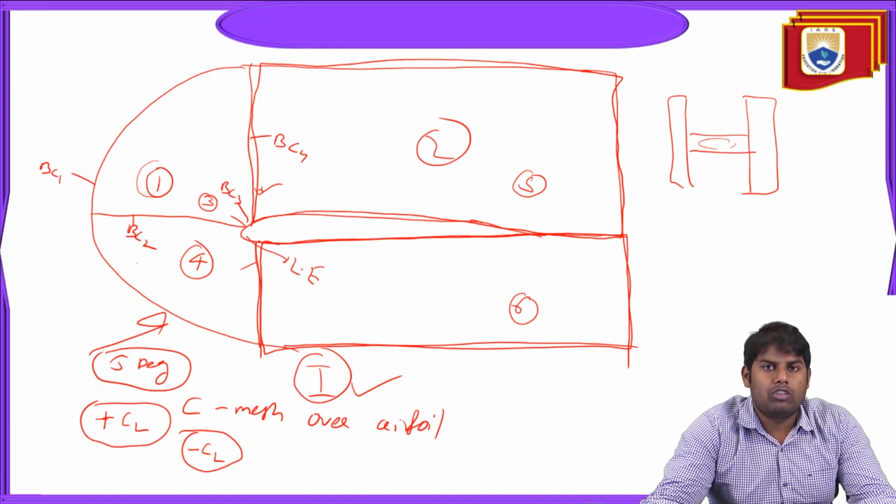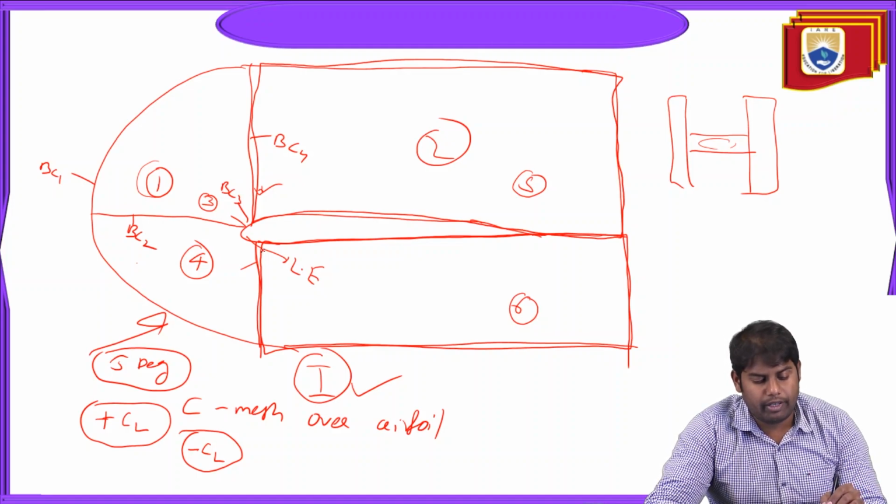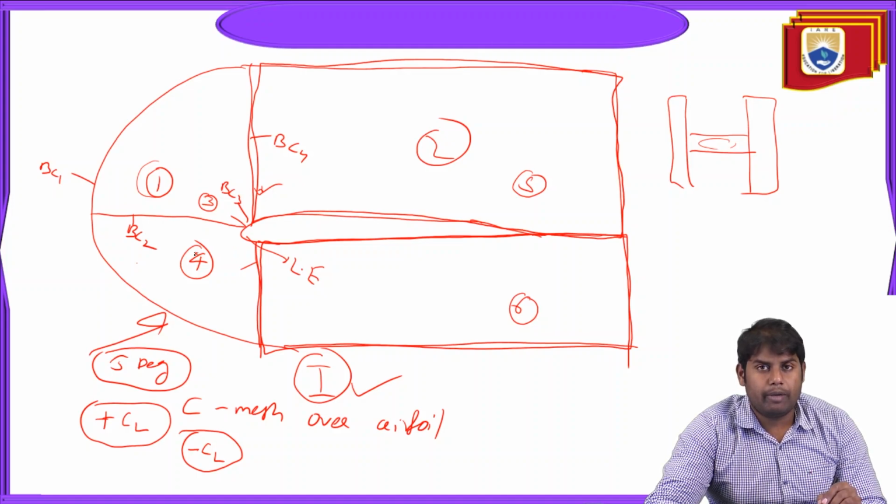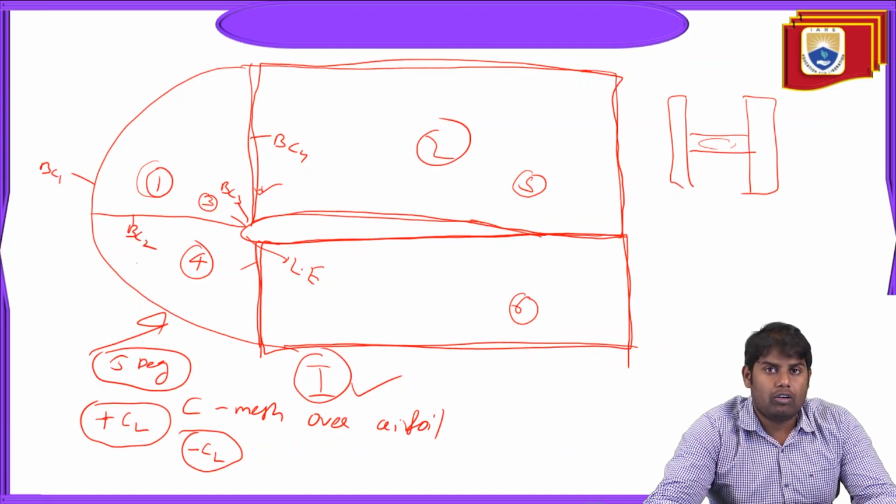It's not like for all geometries you take a C mesh, or all geometries you take an O mesh, or all geometries you take a CH mesh. Whatever the shape of the geometry we have, here we have an airfoil shape. For the airfoil shape, the O and the C were actually suited. That's why we have taken these kinds of things. If you have another kind of geometry which is suitable for H and CH or HOH, any arrangement of mesh, you can use that. So these are the different types of arrangement of mesh.